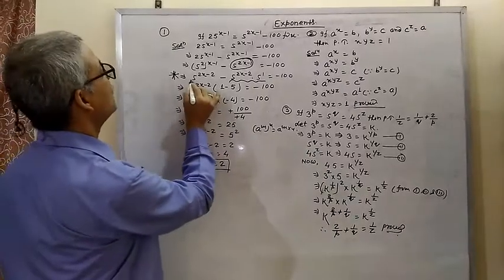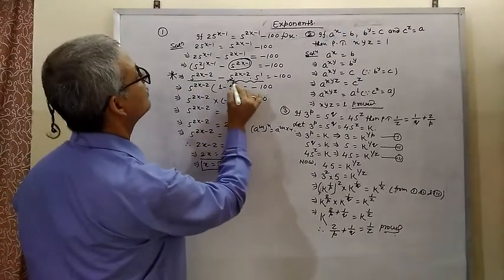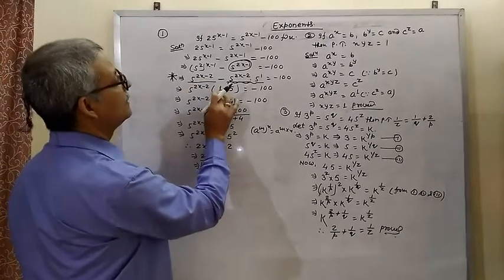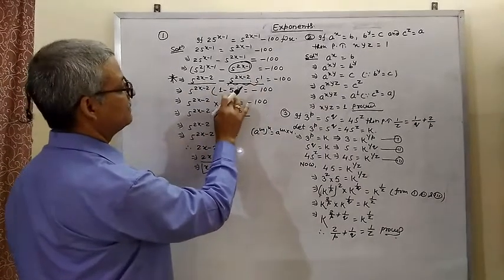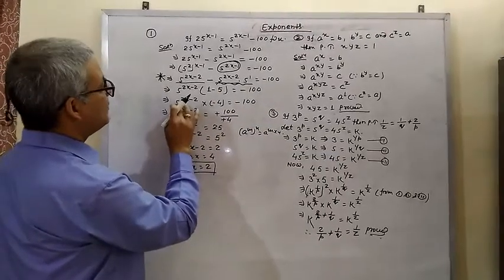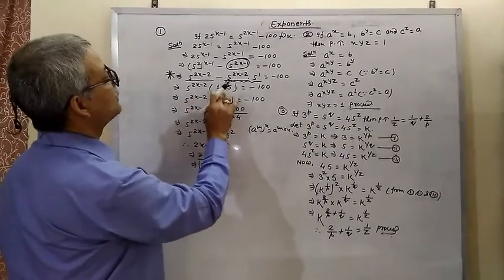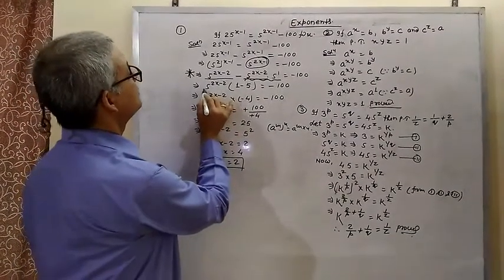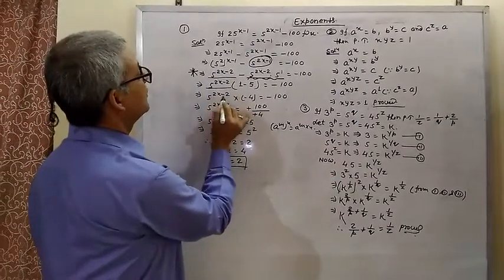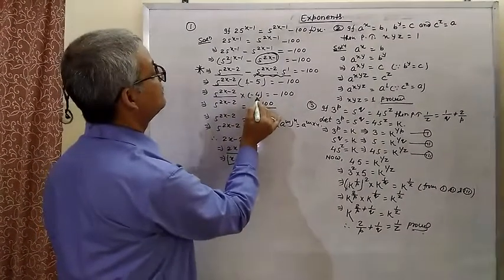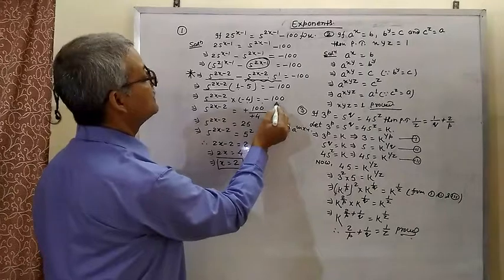After that, now you see 5 to the power 2x minus 2 can be taken common. Here it remains 1 and here it remains 5. So 5 to the power 2x minus 2 into 1 minus 5, that is minus 4, is equal to minus 100.